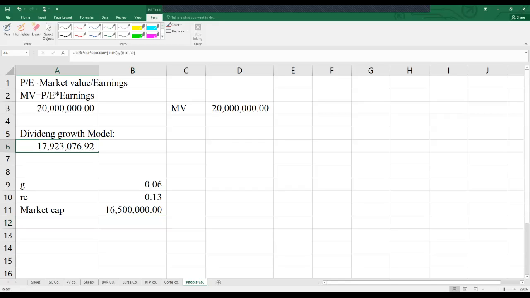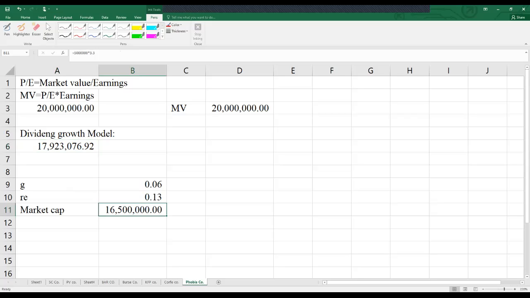Based on the dividend growth model, the fundamental value of the company ought to be 17.9. However, the market is giving a value of 16.5 million. Therefore the company is undervalued by the market.